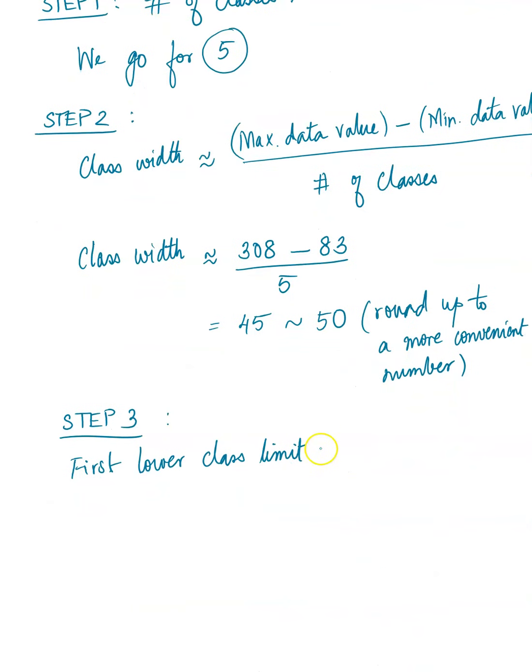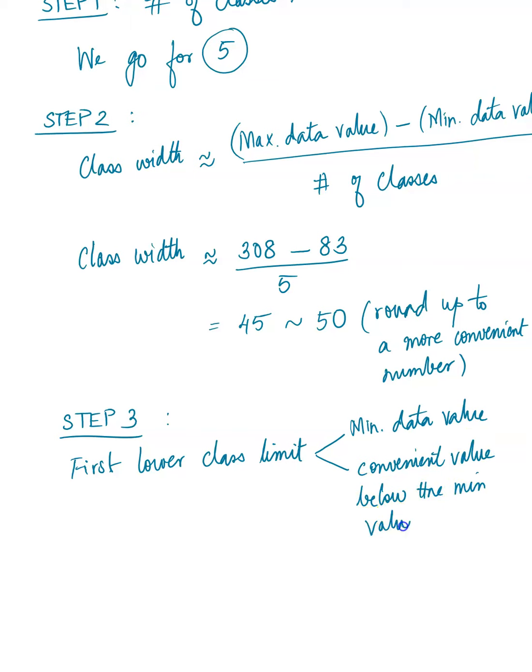You can choose the lower class limit by using the minimum data value from your data set, or you could go for a convenient value below the minimum value. The reason again is to give it better coverage, right? It's more conservative. So if it's 83, you want to go below to 80. If you don't want to start at 83, because remember, if it's 83, then you have to add your class width to it.